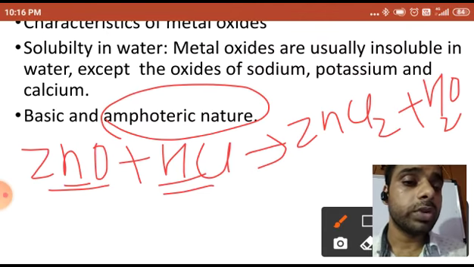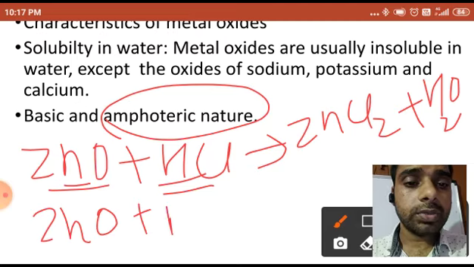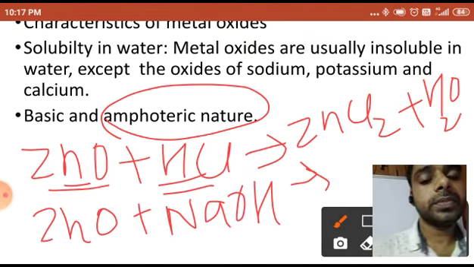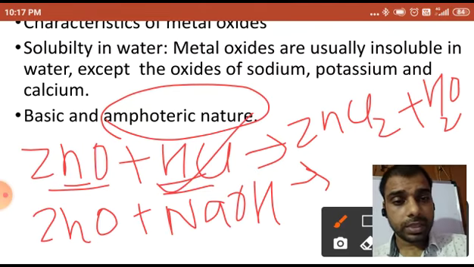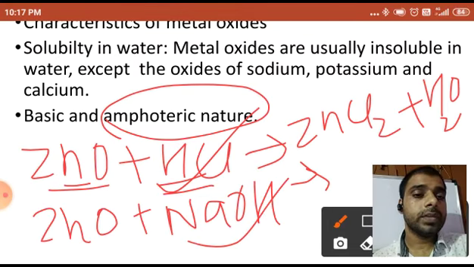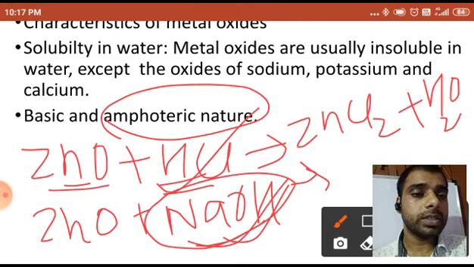Okay, now one more example I am giving. This ZnO can react with NaOH also. This ZnO has reacted already with HCl, and this one will react with NaOH also. So you should know that sodium zincate will be formed.